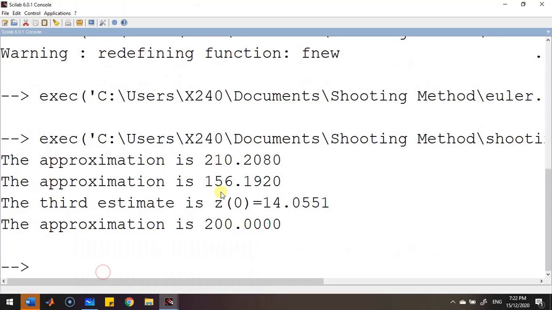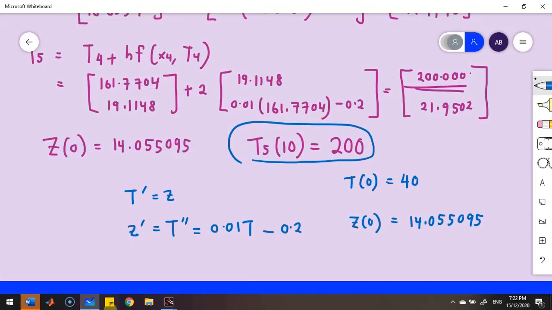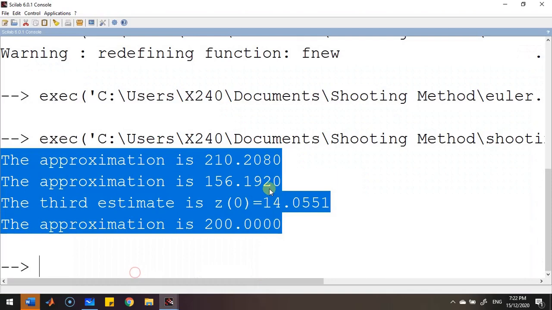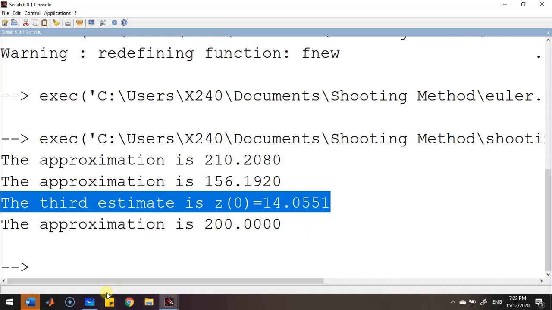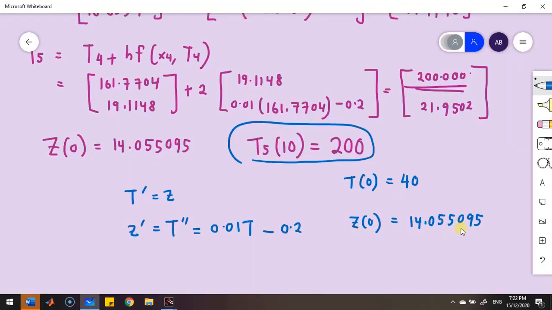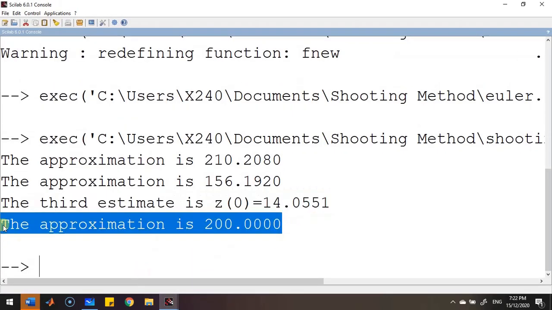Oh, there you go. The first approximation initial is 210, exactly like what we obtained here. The second one is 156.192, and with the third estimate 14.0051 that I've shown here, I get the approximation of 200.